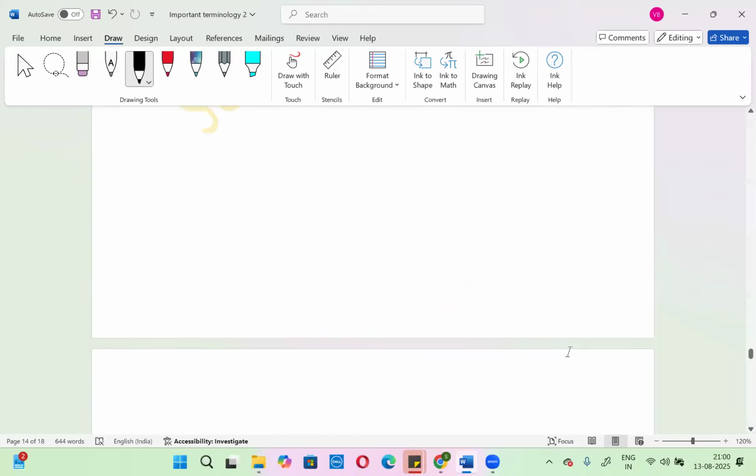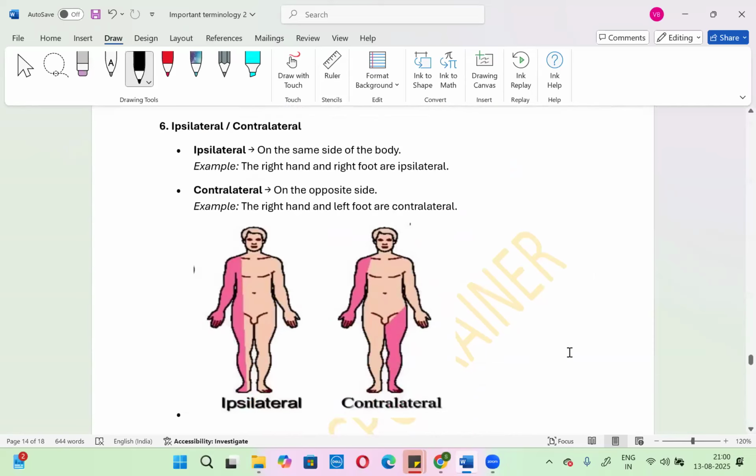Next is ipsilateral and contralateral. What is ipsilateral? Ipsilateral means on the same side of the body. For example, the patient has undergone some surgery.